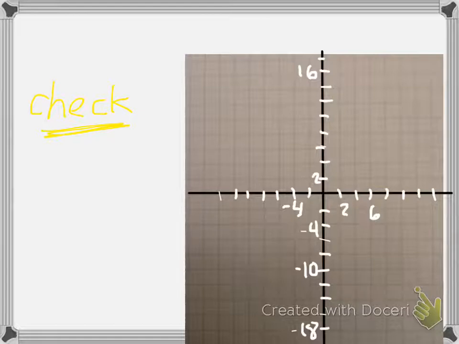Okay, so our x equals 0, so we're actually on the y-axis for our axis of symmetry. Our vertex we found is 0, negative 18, so that's right there. Our 2 extra points that we found were 1, negative 16. It's going to be right there. Okay, not quite at 2 because I'm at 1. And then our second point we said 2, negative 10. That's going to be right there.